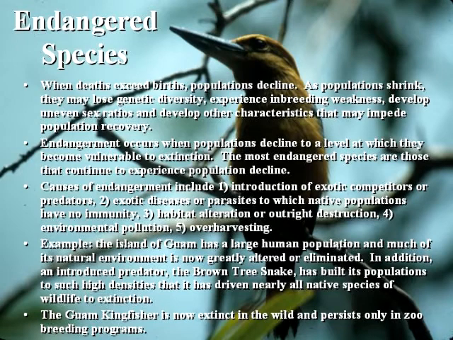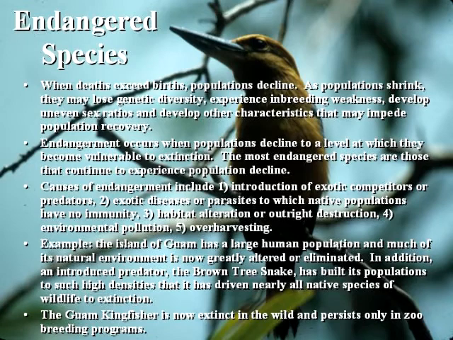Uneven sex ratios are not uncommon among very rare species, where males may outnumber females, and so the actual breeding size of the population is even less than the total population size. All these kinds of things can impede the recovery of a population from its endangered status.